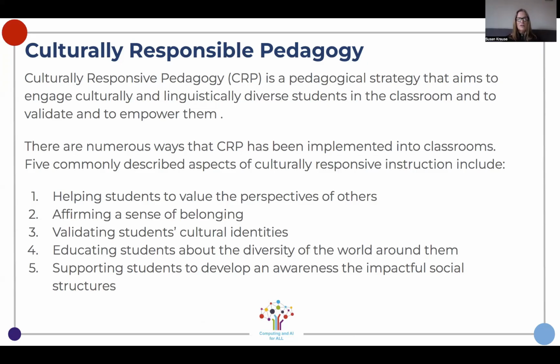There are numerous ways that CRP has been implemented into the classrooms and the curriculum. 5 commonly described aspects of culturally responsive instruction include helping students to value the perspectives of others, affirming a sense of belonging in their community, validating students' cultural identities, educating students about the diversity of the world around them, and supporting students to develop an awareness of the impactful social structures.